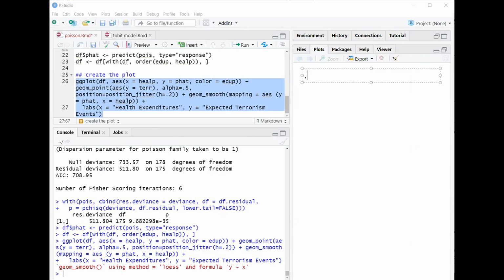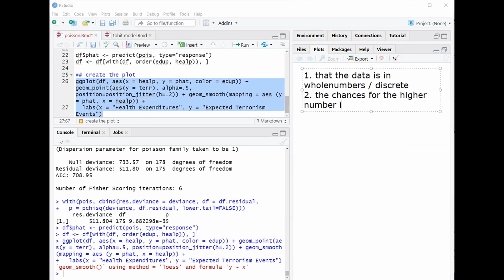First is that the data is in whole numbers or discrete. Second is that the chance of a higher number is decreasing, meaning the probability of being 1 is bigger than the probability of being 2, which is bigger than the probability of being 3.